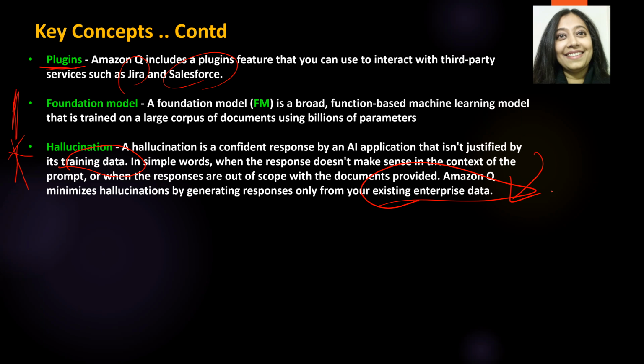It uses your enterprise data to generate the response, thereby reducing the chances of hallucinations. Of course, it cannot eliminate them 100%, but it is significantly minimized. Once you start interacting with Amazon Q, you will see the difference.